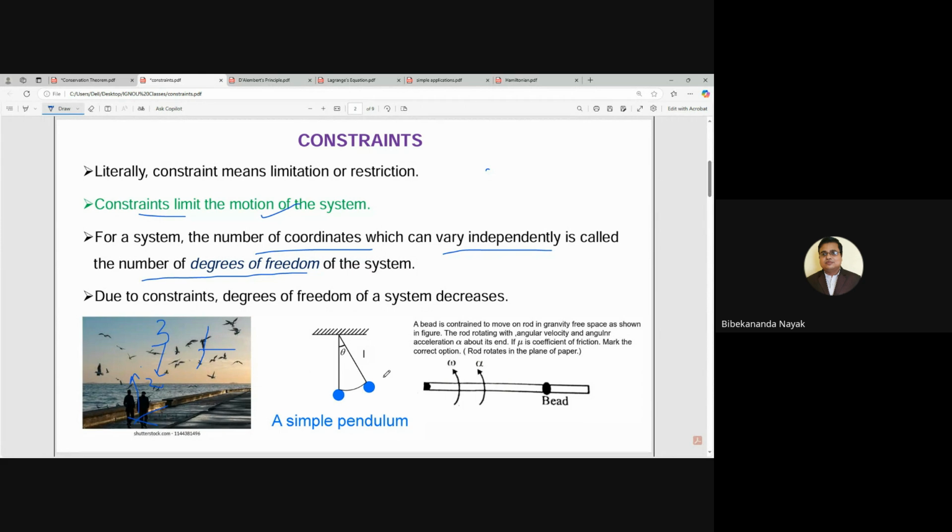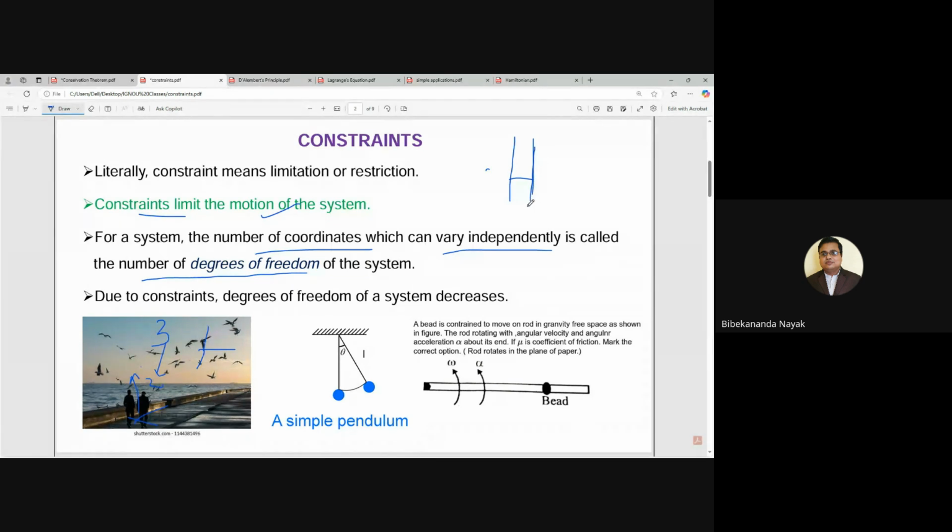Similarly, for the motion of a pendulum. Sir, I have a doubt. If we go through any ladder, how many variations will we have and what will be our constraint? So to constrain, let's say that the ladder is on the floor.